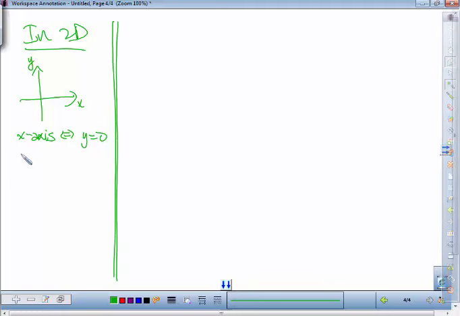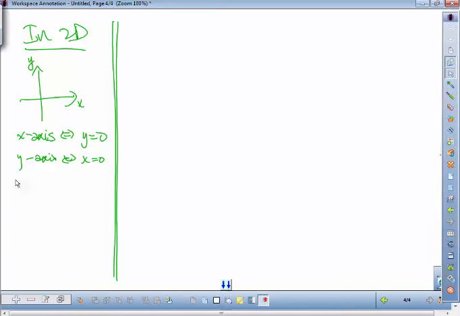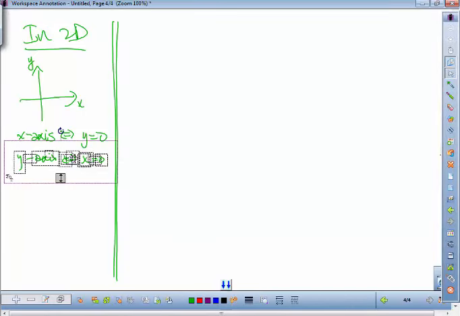And then, likewise, the y-axis is x equals 0. Okay, let me expand this a little bit. You guys taking notes in pencil?